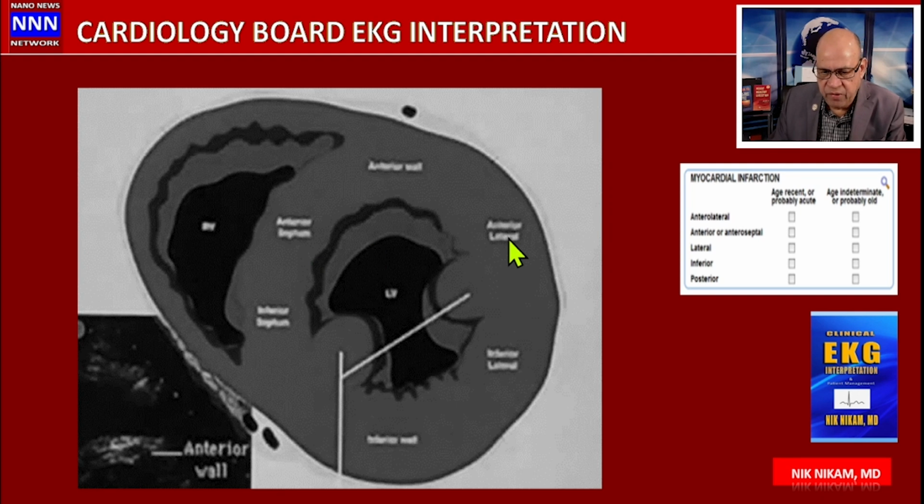We have the lateral wall, which is usually reflected in 1 and AVL plus V5 and V6. Then the inferior wall, which is reflected in leads 2, 3, and AVF. Somehow, the anatomy of the echocardiogram and the surface electrocardiogram don't exactly match, but that's the reality.